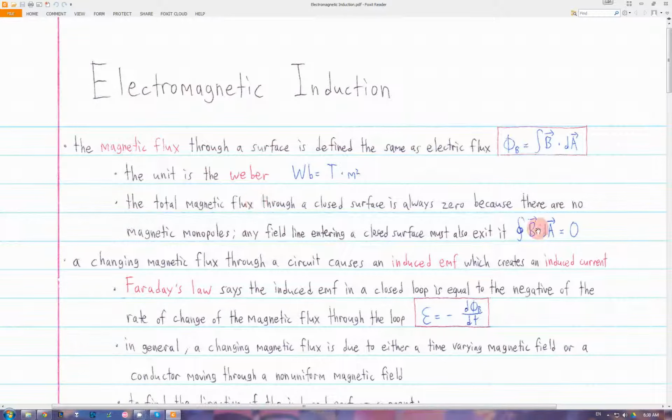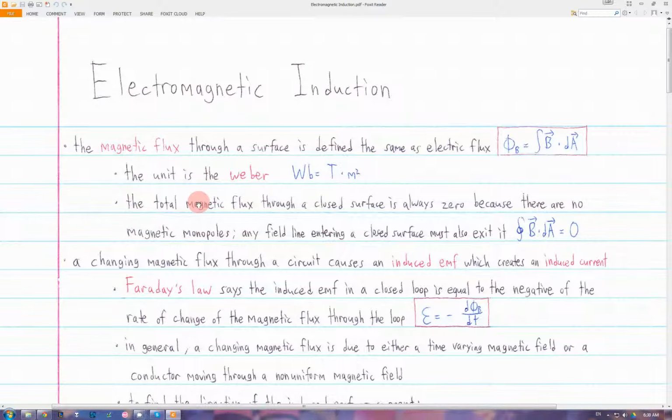This is because there are no magnetic monopoles, which means we can't have a magnet with a north pole but not a south pole. Every magnet has a north and south pole. And remember, magnetic field lines from a magnet exit the north pole and go into the south pole.